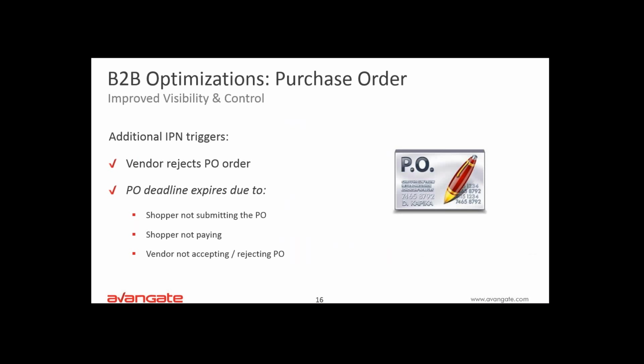And what happens now is that we've introduced more notifications than ever, and it really provides better visibility for the purchase order flow, and it really tells you what's going on in the back end and what your customers are doing, what you're doing, and it allows you to automate a few actions around purchase orders.